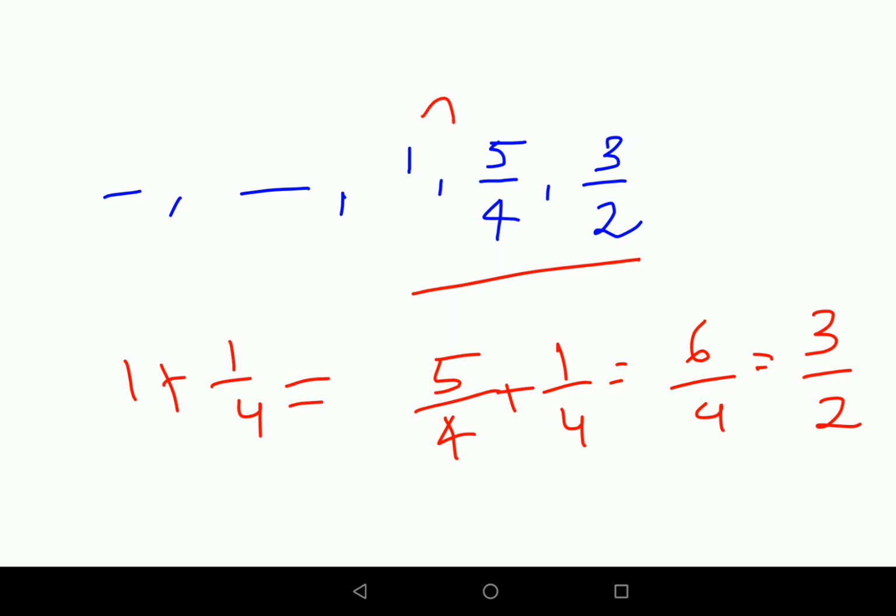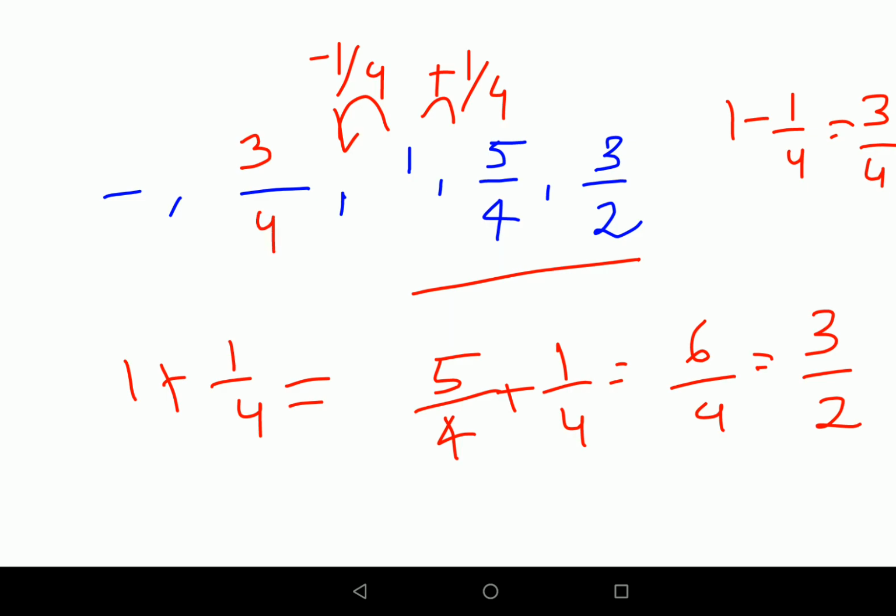So basically there is an addition of 1 upon 4. Now since we're going backwards, we'll do minus of 1 upon 4. So 1 minus 1 upon 4 gets you 3 upon 4. So this will be the fraction given over here, and then subtracting 1 upon 4 from 3 upon 4, I get 1 upon 2. So this is your answer for this particular question.